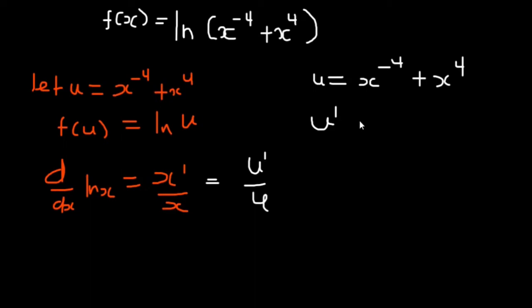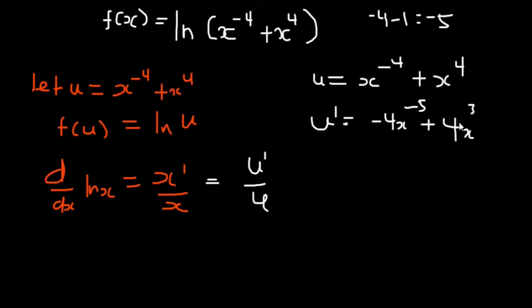First of all, I can bring forward this minus 4 and then reduce the power by 1. So that will be minus 4x to the power minus 5, because minus 4 minus 1 is equal to minus 5. So that's why I have minus 5 here. Plus 4x to the power 3, because I reduced the 4 by 1.